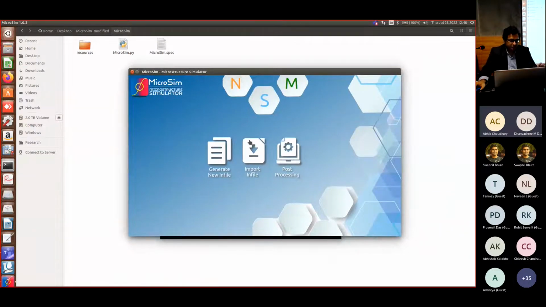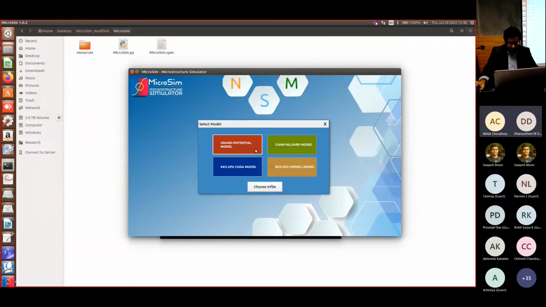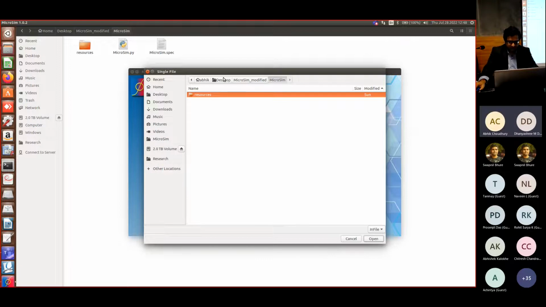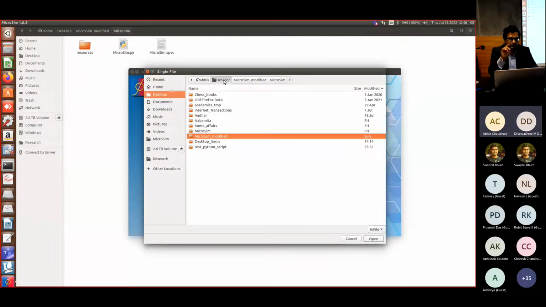So what I'm going to do is to start simple. I'm going to recreate the single dendrite growth problem that I showed you. So I'm going to import the in file. Now this in file, you can download from the repository. There's a folder, example in files, and it has the same name that I'm going to use now. So you can just go to the repository and, in the example in files, copy the same in file that I'm copying over here.